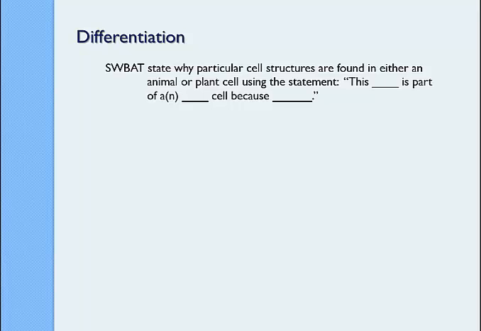Speaking of differentiation, here's the last language objective from the previous slides. Student will be able to state why particular cell structures are found in either an animal or plant cell using the following statement.